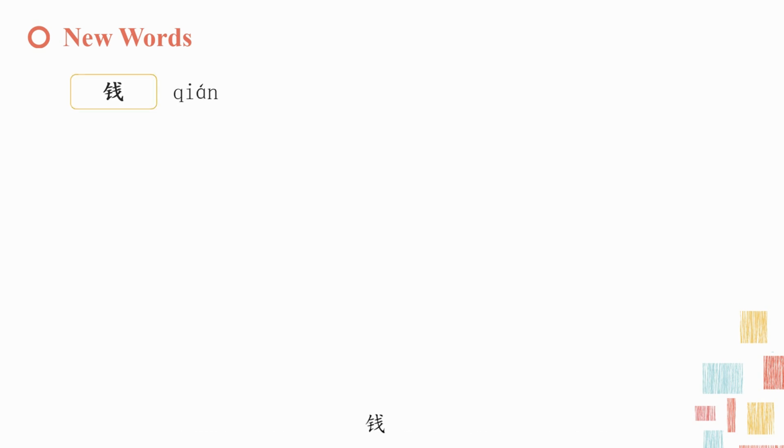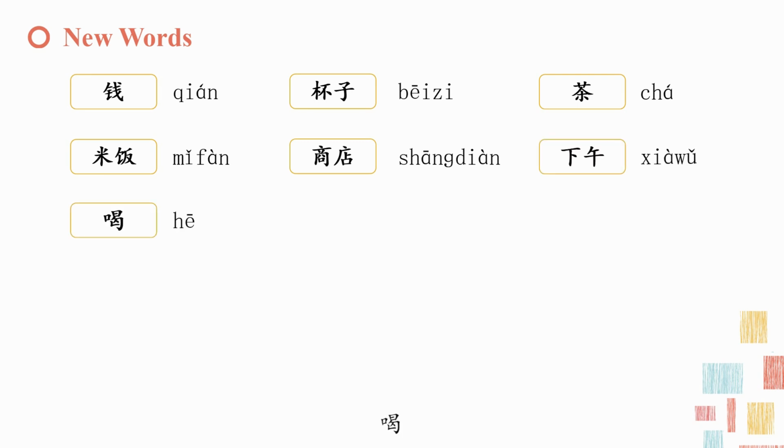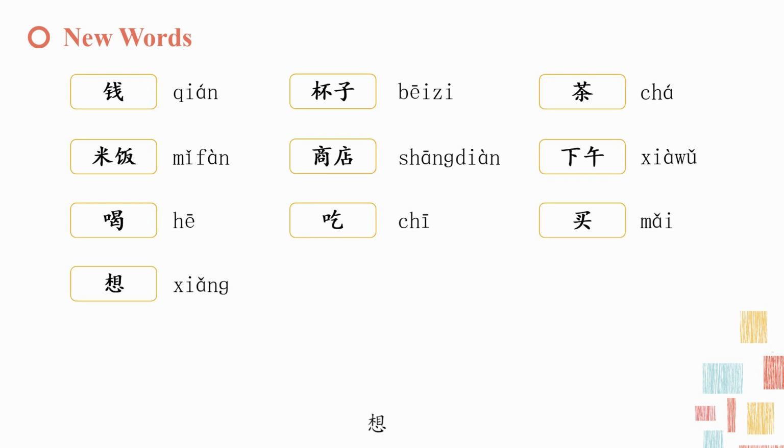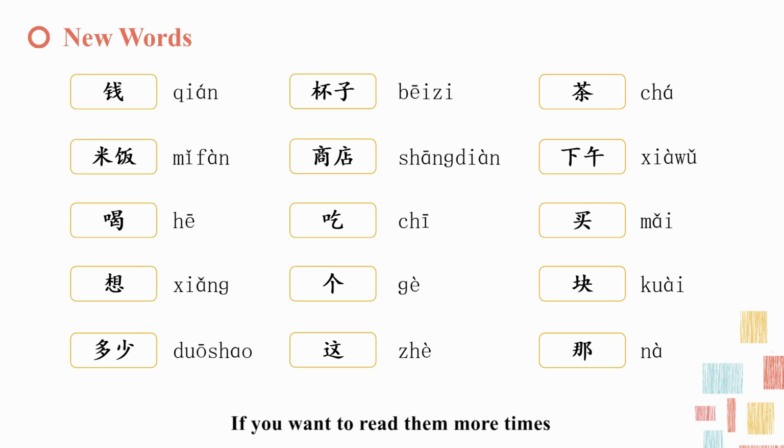Please read these words following along the audio. 钱、杯子、茶、米饭、商店、下午、喝、吃、买、想、个、快、多少、这、那。 If you want to read them more times, you can repeat this part by yourself. Now, let's study these words one by one.